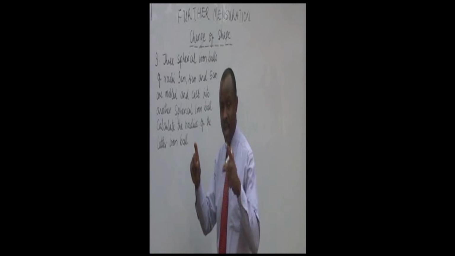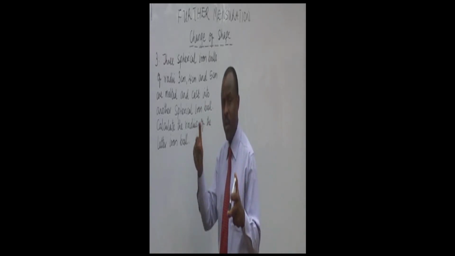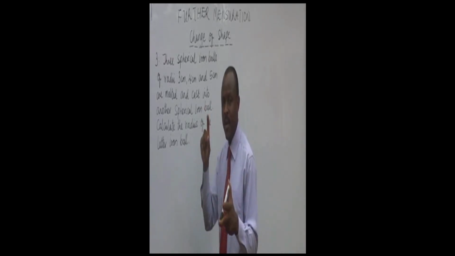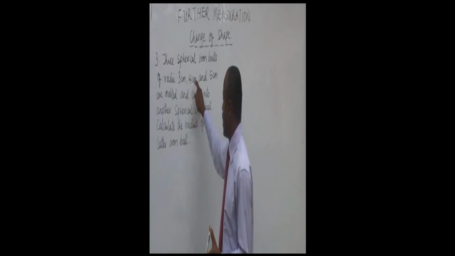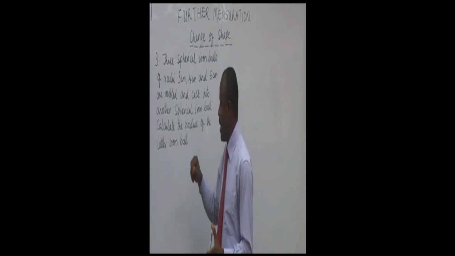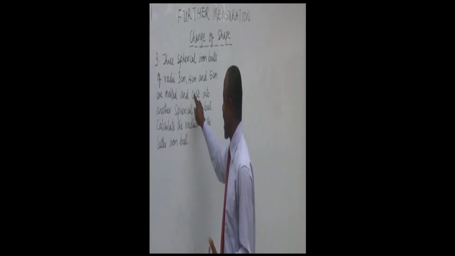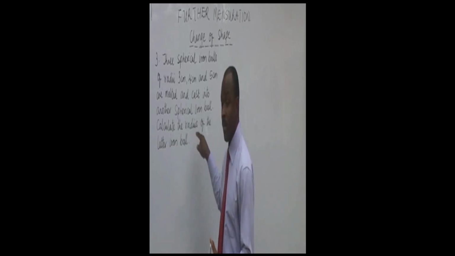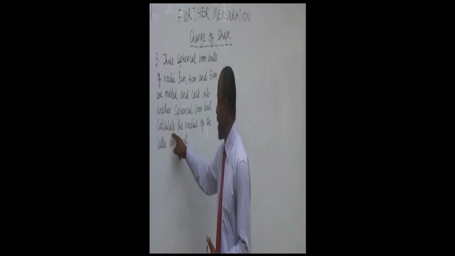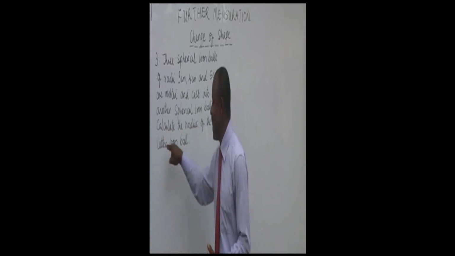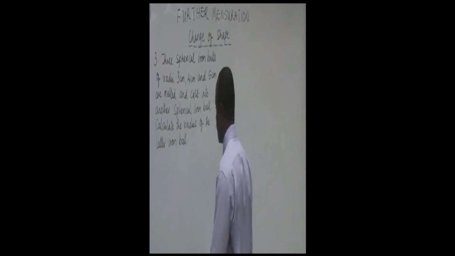Radii is the plural of radius. That means the 3 different spherical iron balls have radius each of 3 cm, 4 cm, and 5 cm. The question said that they are melted and cast into another spherical iron ball, maybe a bigger one now. They were to calculate the radius of the latter iron ball.